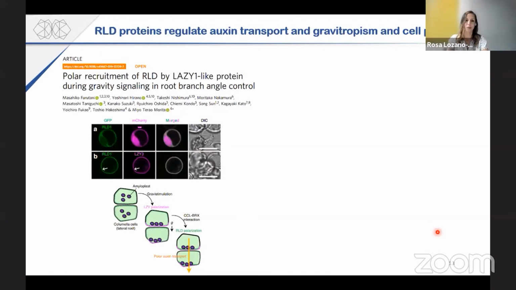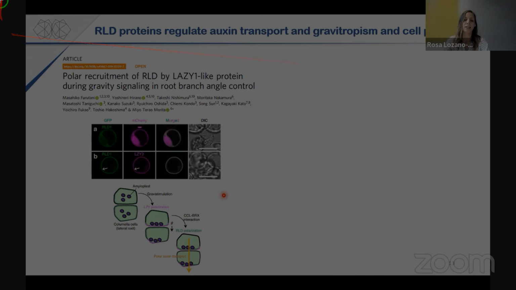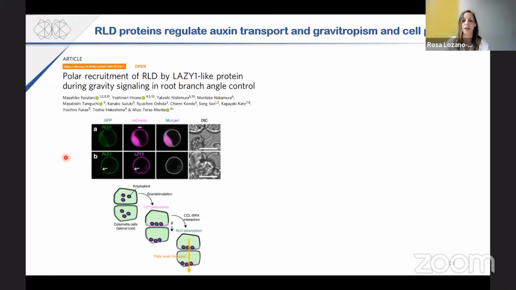But who are these RLD proteins? The RLDs were first identified by Furutani et al. as interactors of the regulator of gravitropic responses, LAZY. So in basal conditions, these RLD proteins are present in intracellular puncta, but when LAZY proteins are co-expressed, they are capable of recruiting the RLD proteins to the plasma membrane through physical interaction.